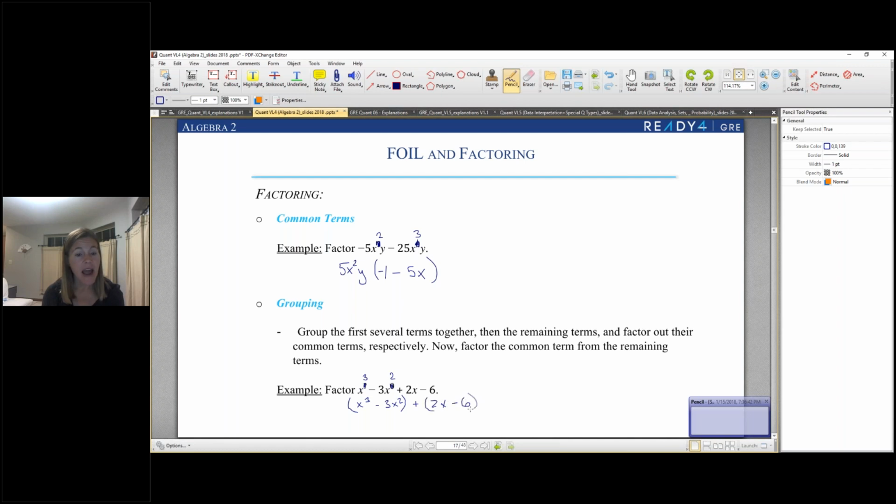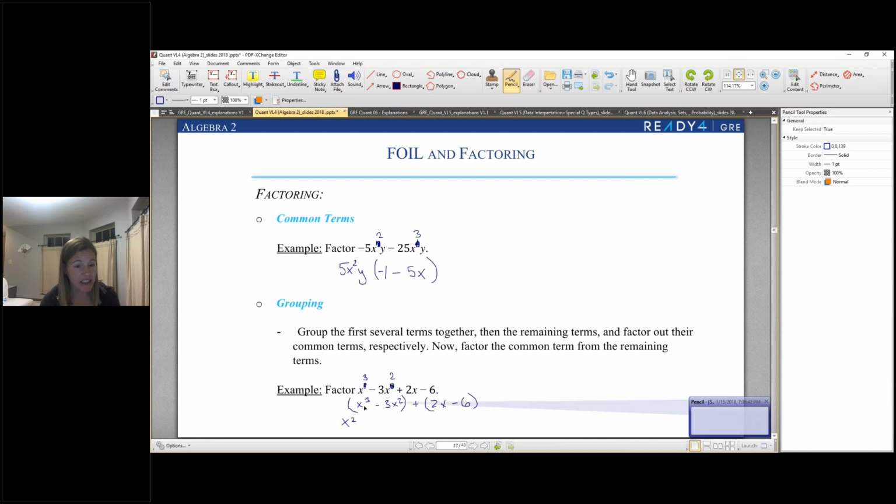Now, what can I factor out of this first pair, this first set of parentheses? Totally, we can factor out an x squared.